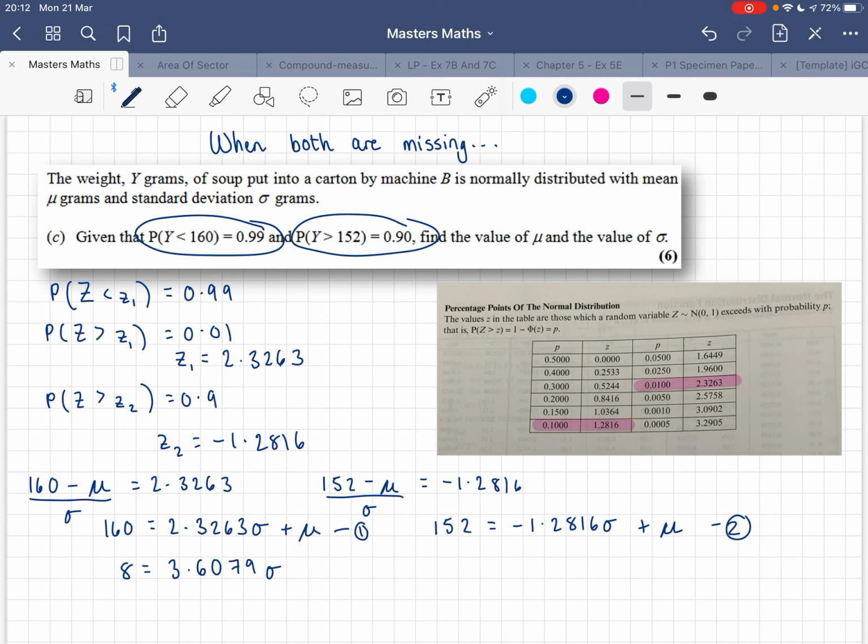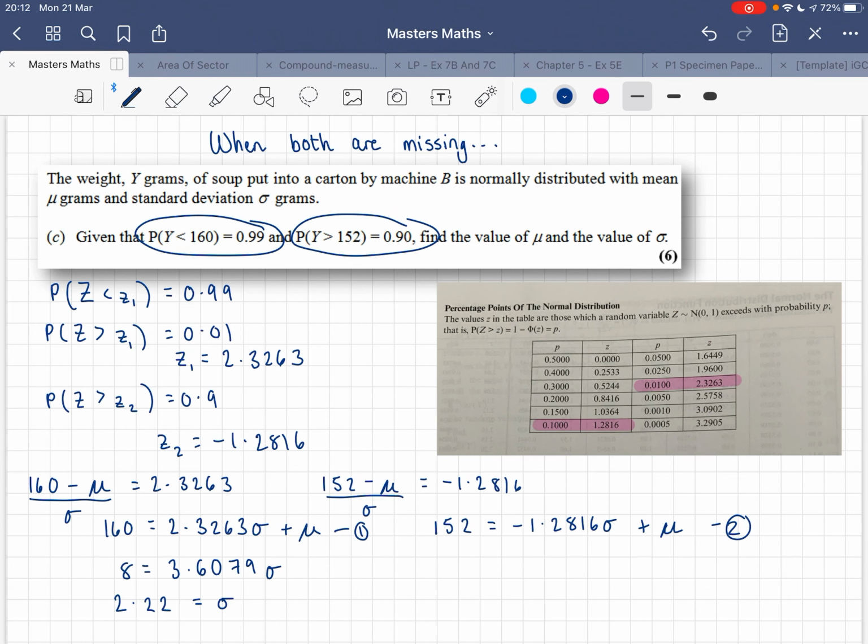I can divide 8 by 3.6079, which gives me sigma. I'm going to round it to 2 decimal places, 3 significant figures. That gives me 2.22 is equal to sigma. So my standard deviation is 2.22 to 3 significant figures.